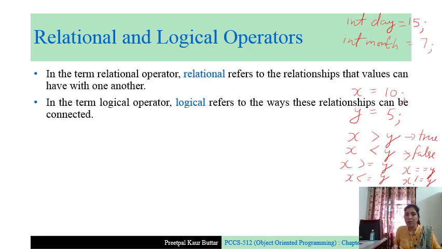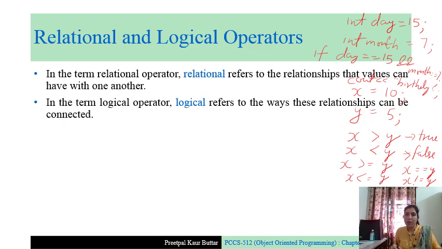Okay, so I want to check that if day equal to 15 and month equal to 7, then cout birthday.